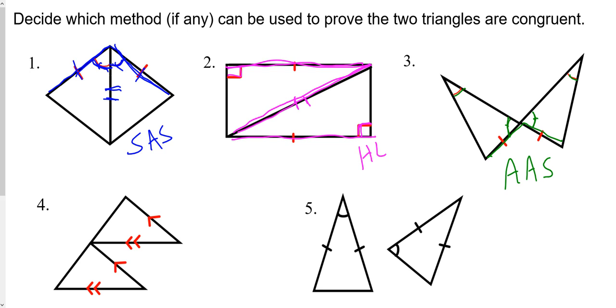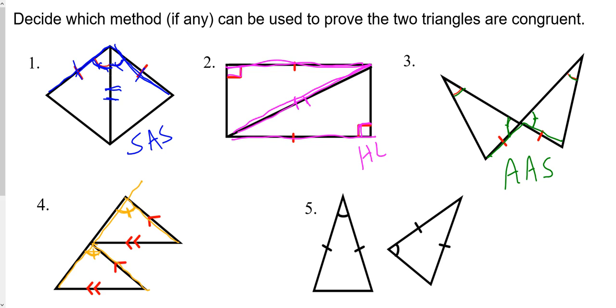Number 4, you notice that those are arrows and not congruent marks. So the arrows, remember, refer to parallel lines. So if I know that this line here is parallel to this line here, with this being the transversal, I know that this angle is congruent to this angle, because those are corresponding angles.